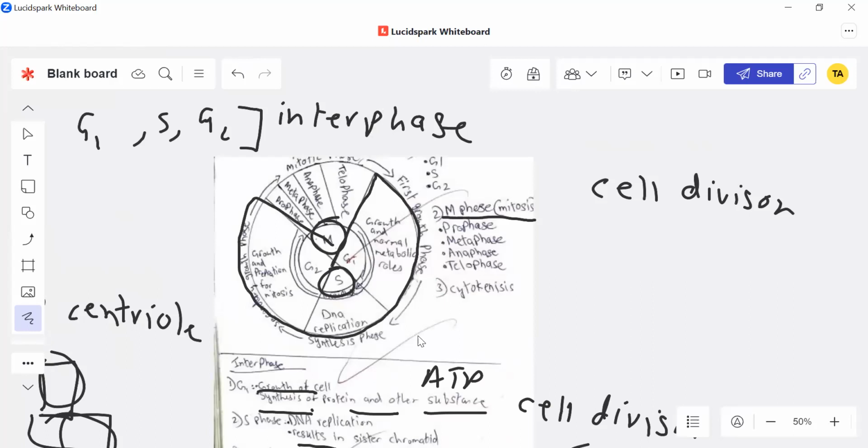And then comes mitosis. After interphase comes mitosis. Mitosis is like a separate stage that has a lot of phases. Mitosis or M phase itself has four different stages. And then you will go to cytokinesis.